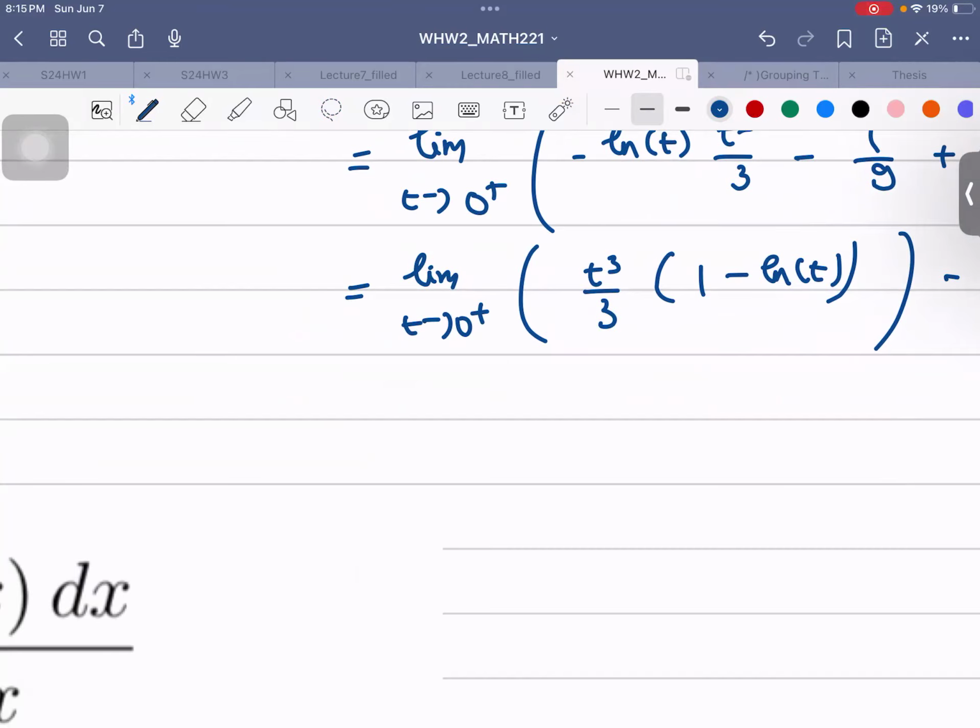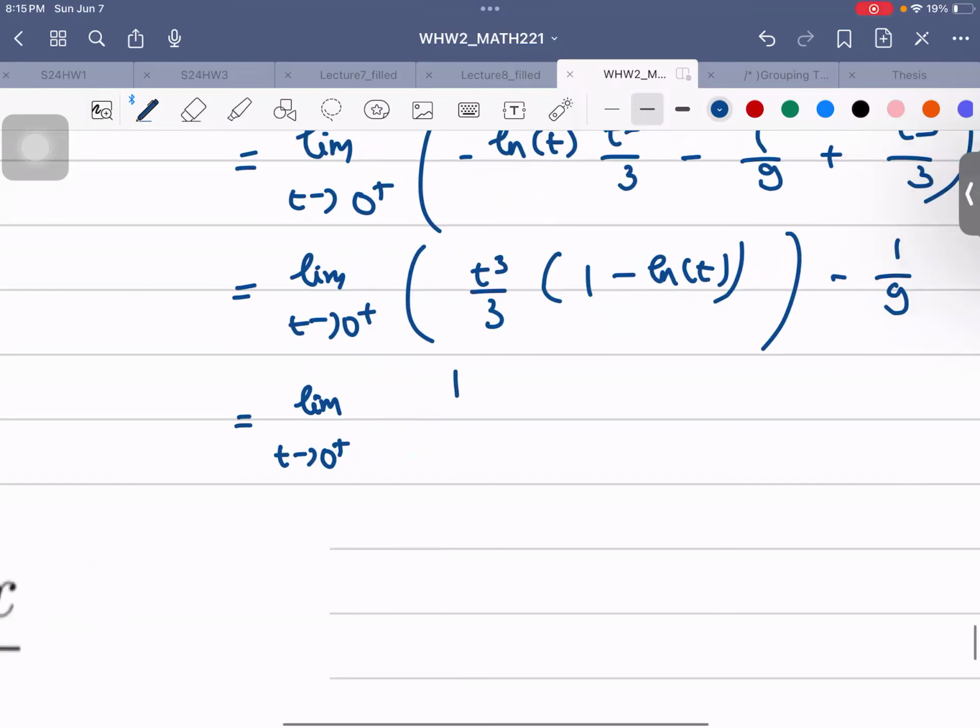So to use L'Hopital's rule, you have to do it this way. You have to rewrite your limit as 1 minus ln of t divided by t to the power of negative 3.